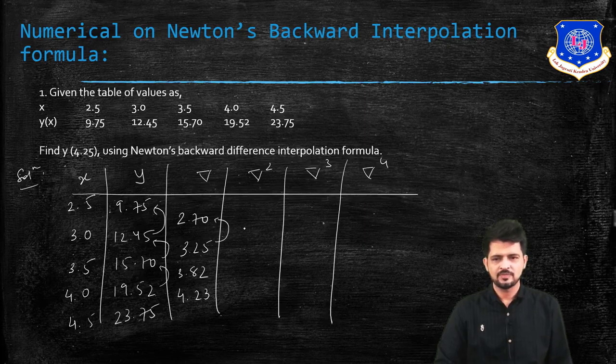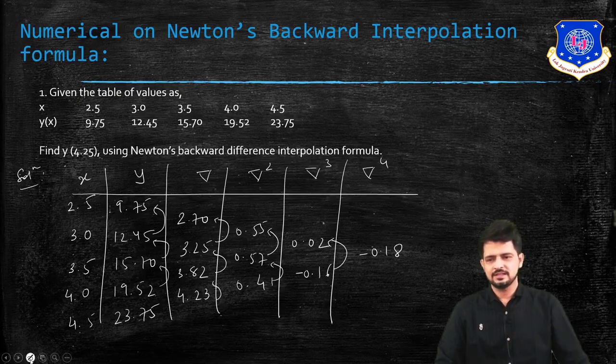Then the differences of these values, written in the center: 0.55, 0.57 and 0.41. Again take the difference. It is 0.02, minus 0.16. Then again calculate this, you will get minus 0.18.